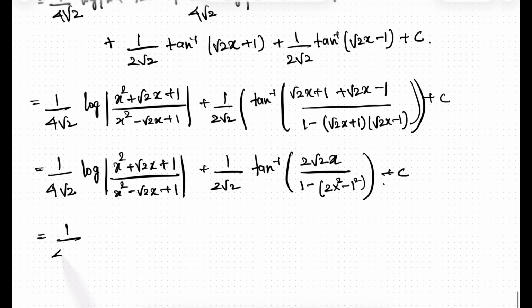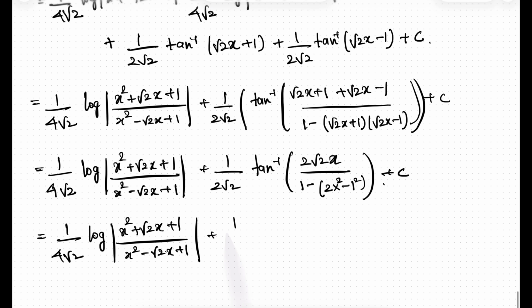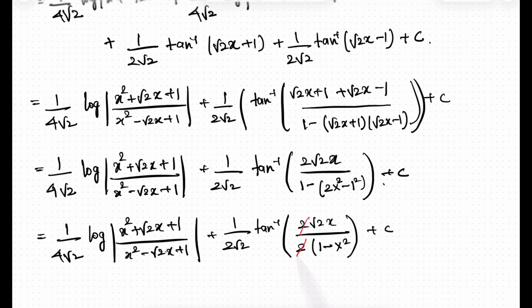So 1 by 4 root 2 log of x square plus root 2x plus 1 divided by x square minus root 2x plus 1 plus 1 by 2 root 2 tan inverse of 2 root 2x, and here the 2 and the 2 get added together, so the 2 can be taken out commonly, so it is 1 minus x square, plus c. This 2 can be cancelled with each other.